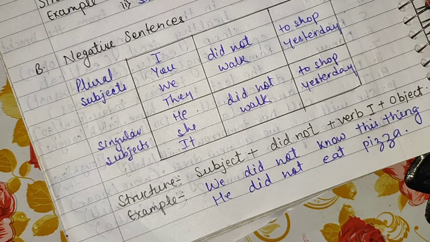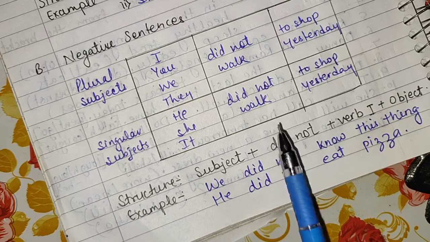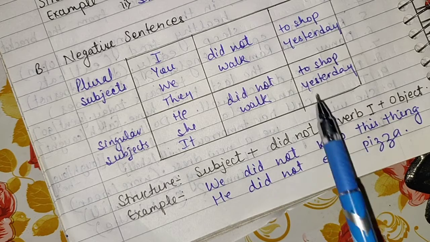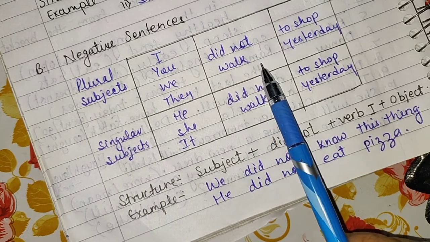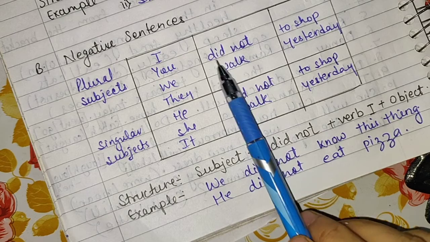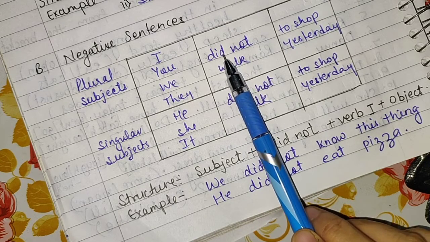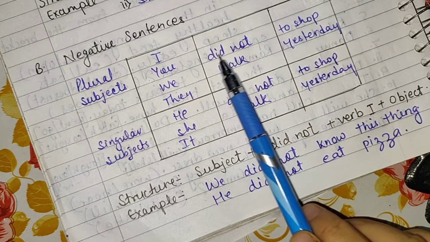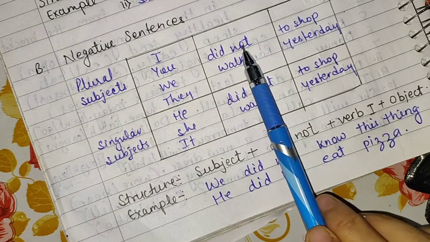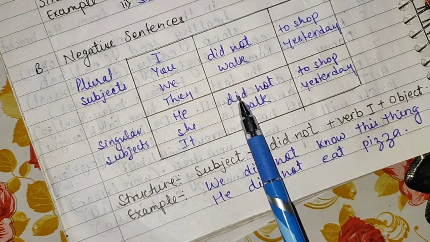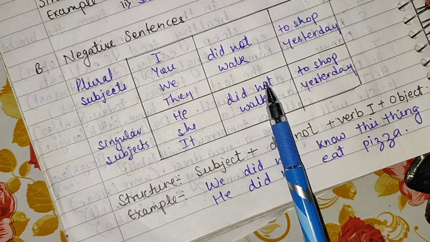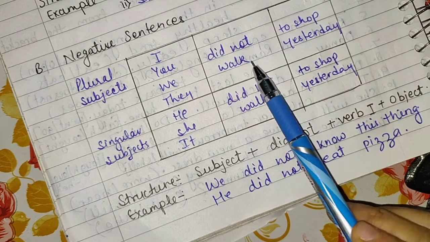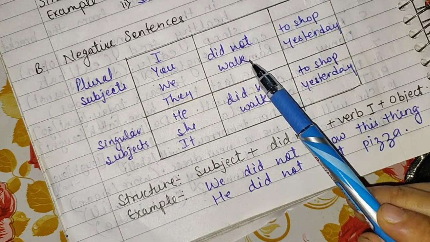The thing you have to remember about this negative sentence in past tense is that you have changed do and does to did. Do not changes to did not in past, does not changes to did not in past, but the verb, you can see here I have written walk.